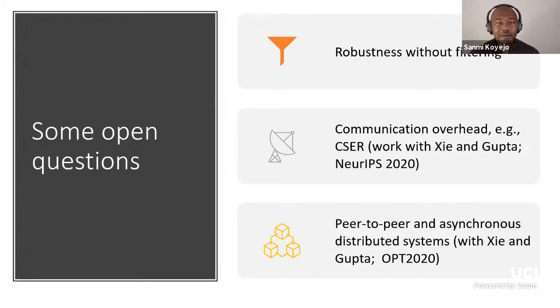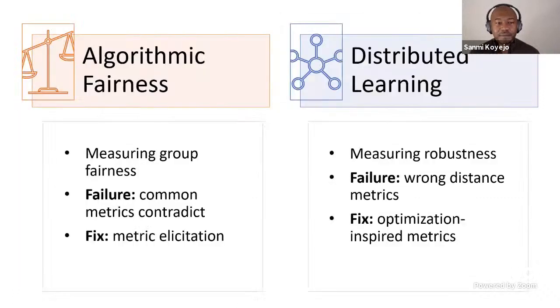We've mostly looked at a parameter server setting. There are lots of other systems architectures, particularly if you're building systems between large data owners, institutions like hospitals. There are many ways that you can build your system architecture, and we've been trying to investigate various other systems architectures and how robustness interfaces with these other architectures.